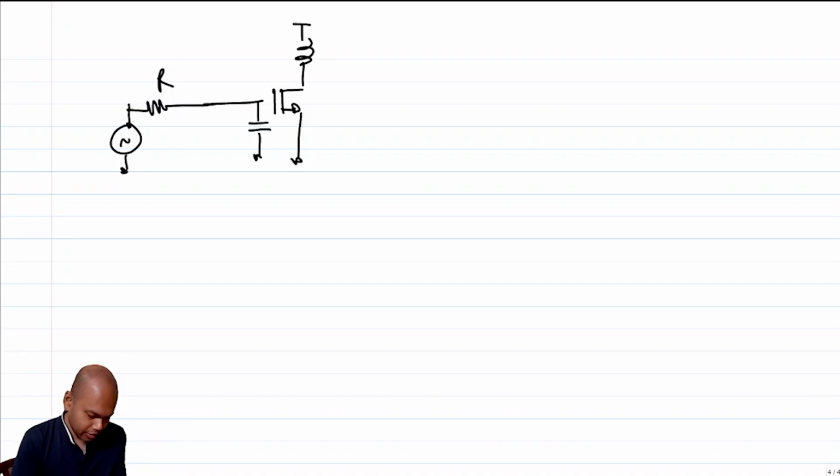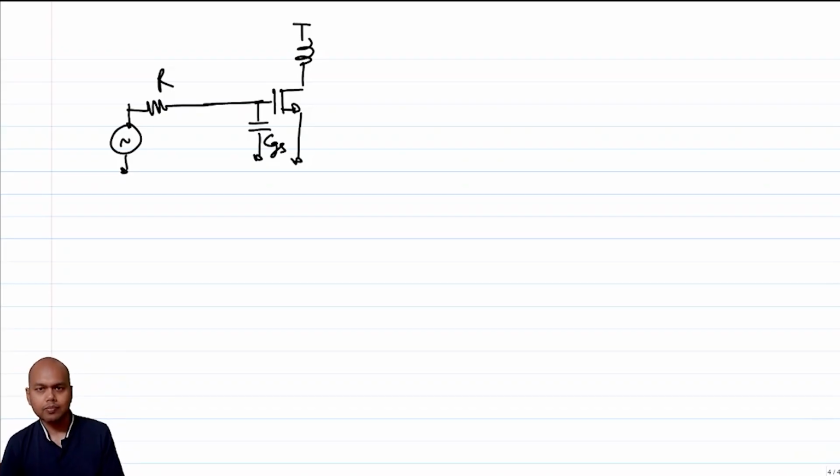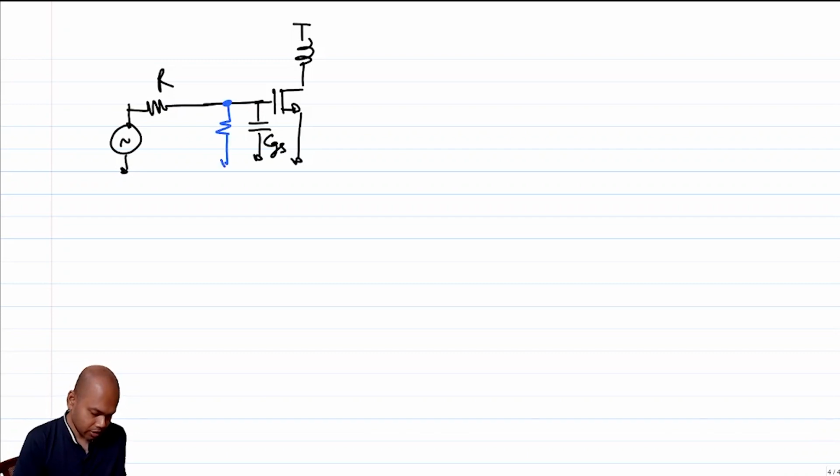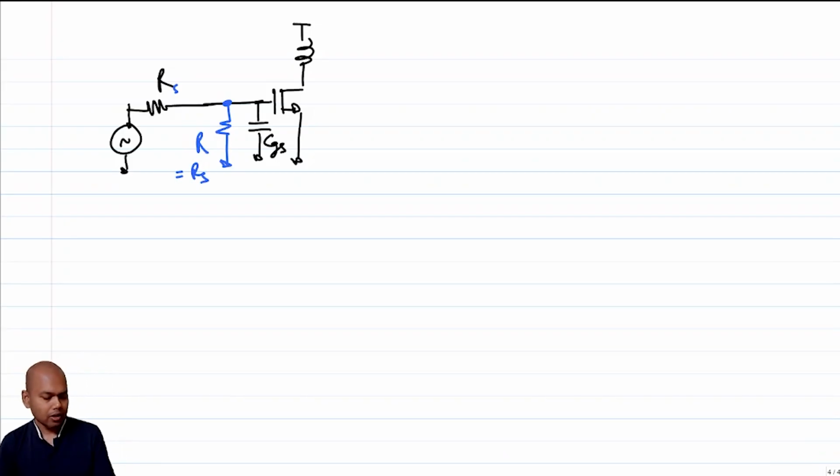We know that there is a CGS capacitor associated with this, and we know that this cannot match, right? So what should we do to match? The simplest way to match is to put another R, which is equal to RS, right?